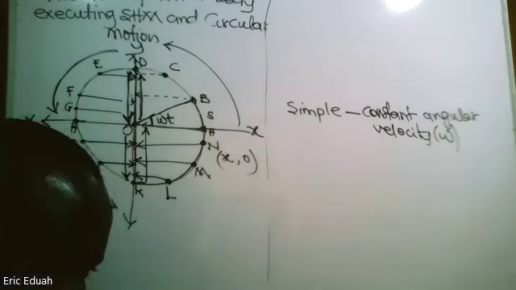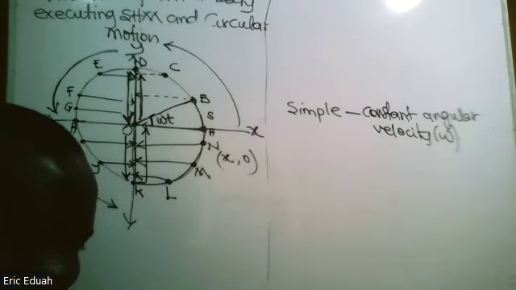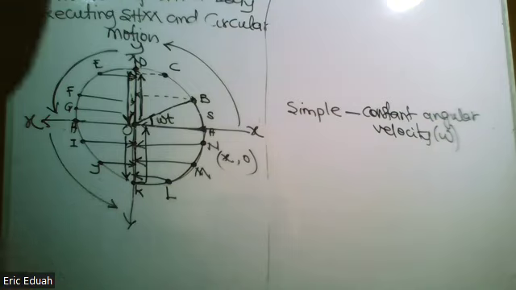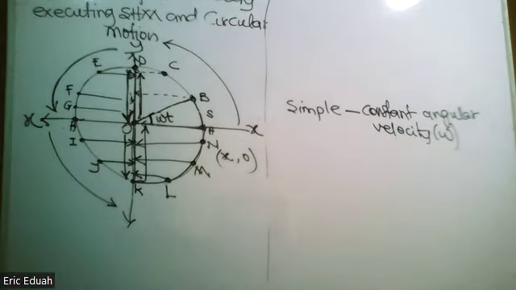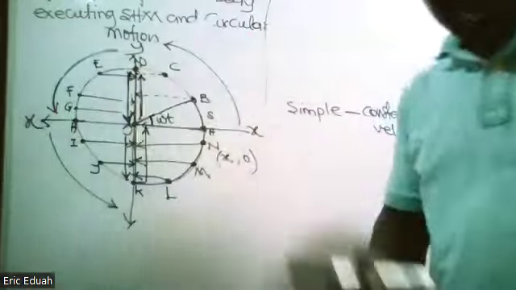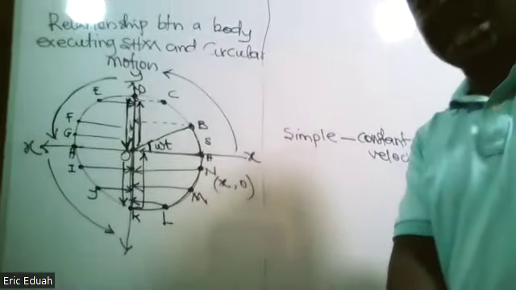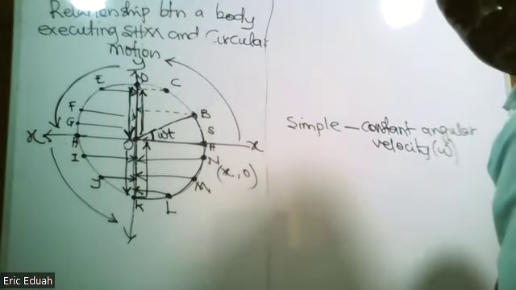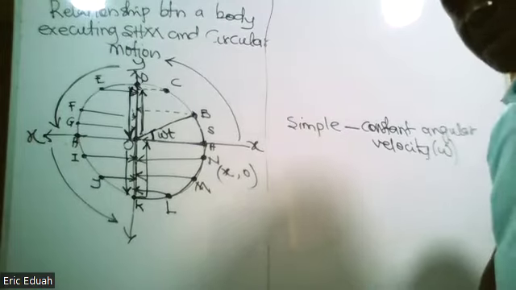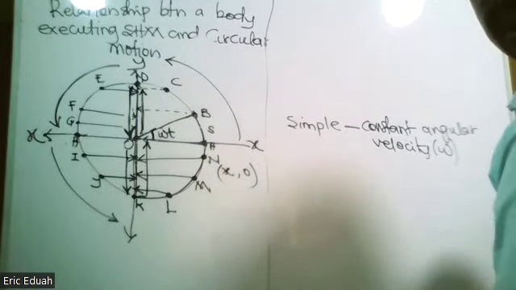Increase and decrease. And so how would you describe that increase and decrease, or up and down motion of the image? Harmonic. Simple harmonic motion.